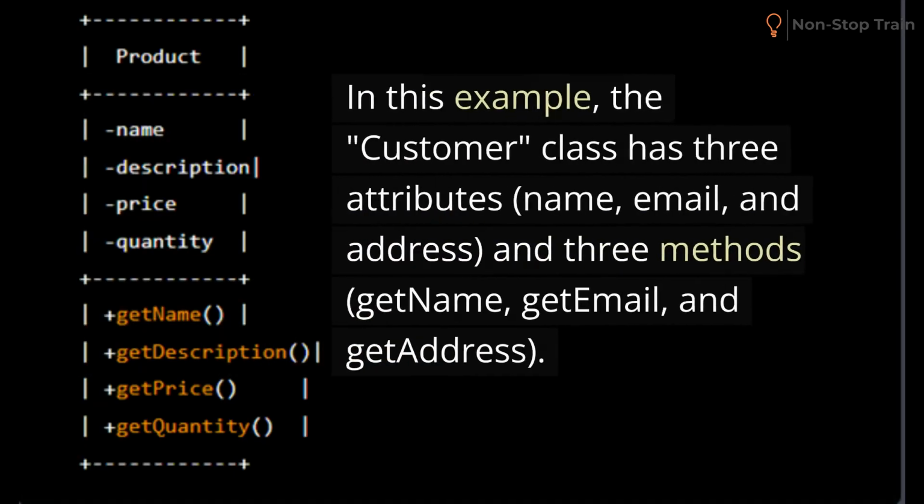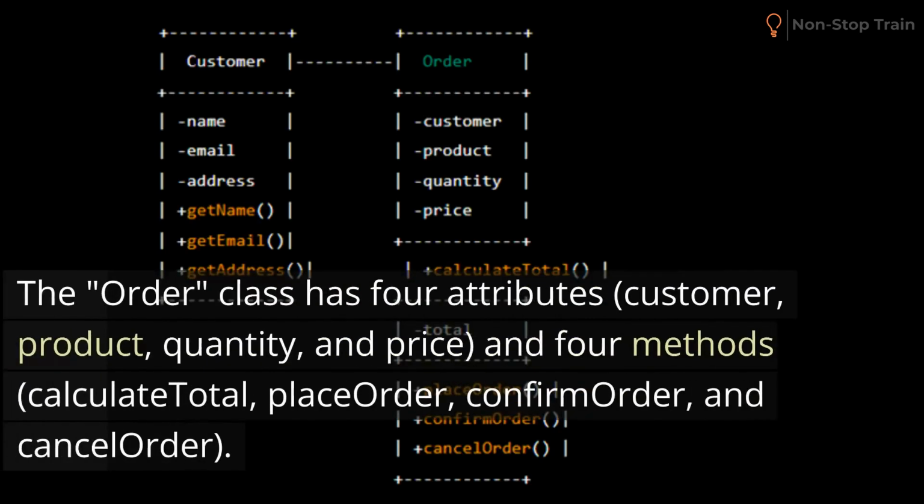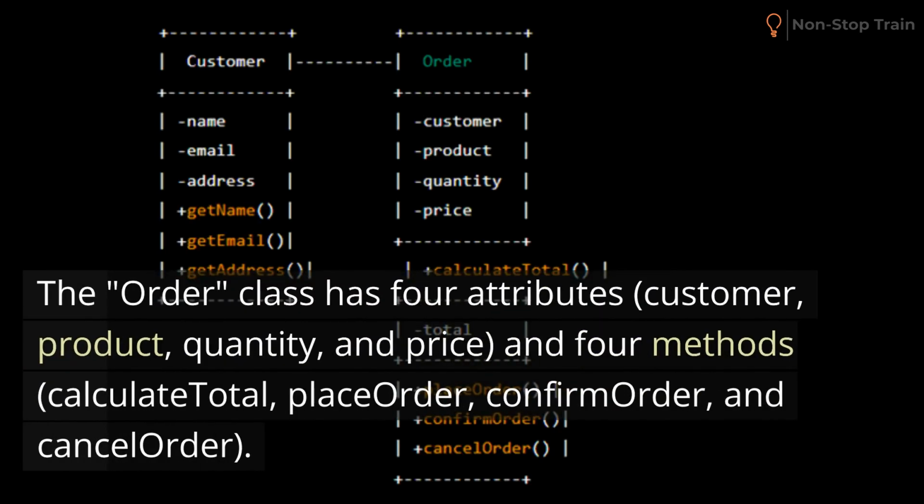In this example, the customer class has three attributes: name, email, and address, and three methods: get name, get email, and get address. The order class has four attributes: customer, product, quantity, and price, and four methods: calculate total, place order, confirm order, and cancel order.